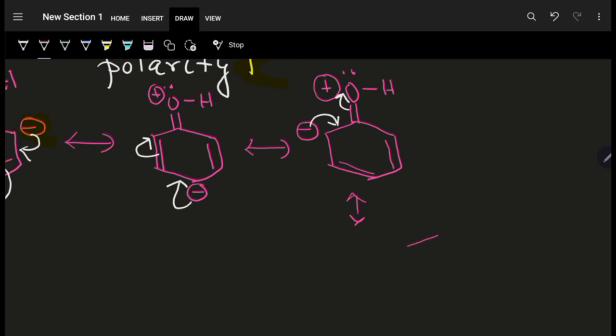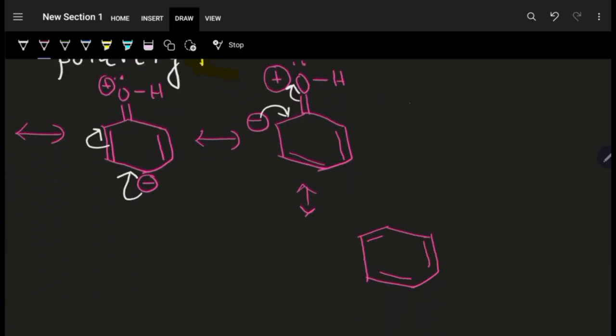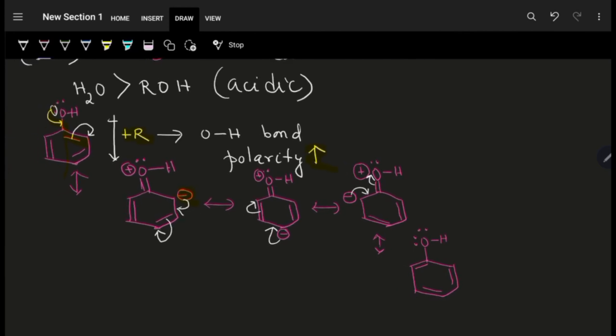So let us see what is happening over here. Whichever is unchanged, draw that first. Now the change. Double bond, and the double bond opens up, and oxygen gets back the lone pair. So these are the resonating forms, and that is what I have explained, the +R effect.